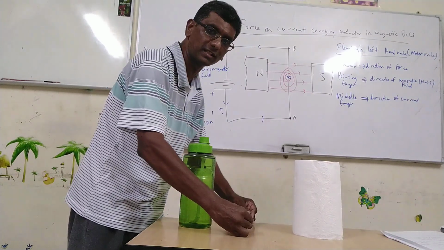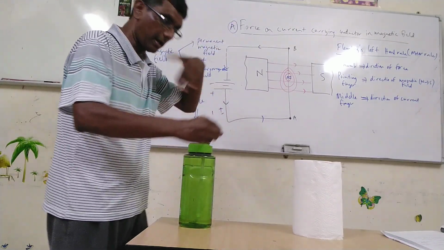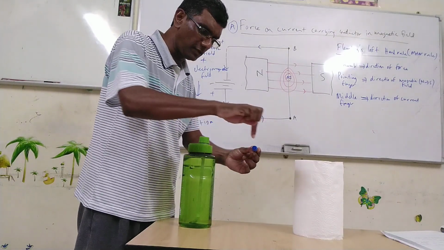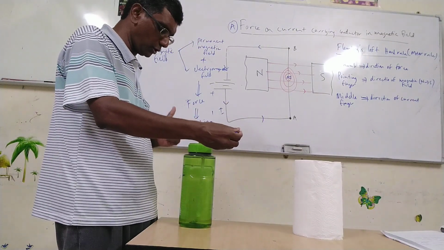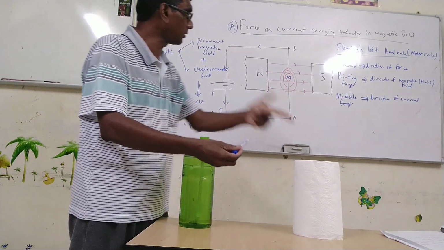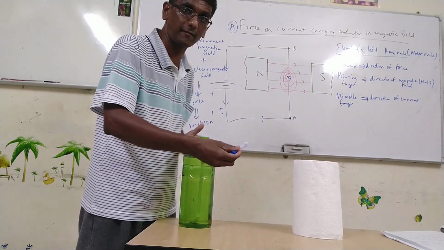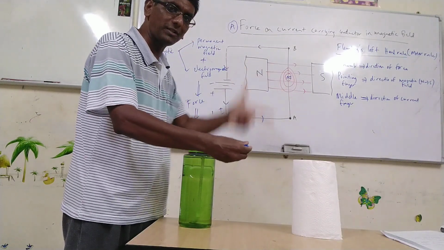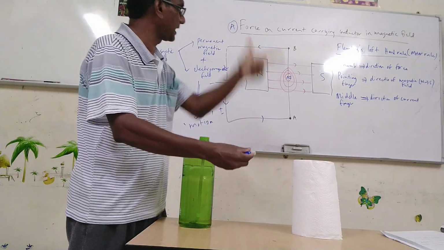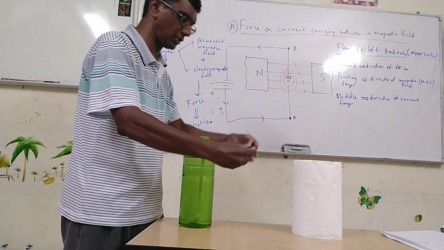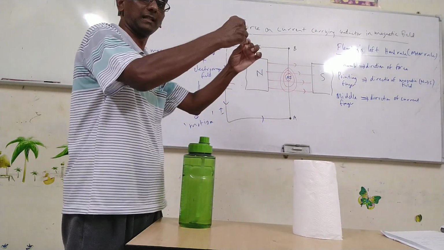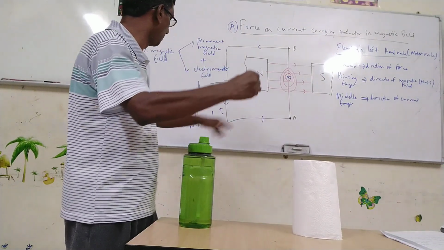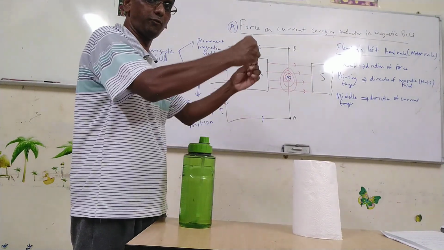Motion acting downwards. Okay, I repeat again. If the current flows this way, the pointy finger shows the magnetic field direction, north to south. The current flows this way, and the thumb shows the direction of force. The force is acting upwards.